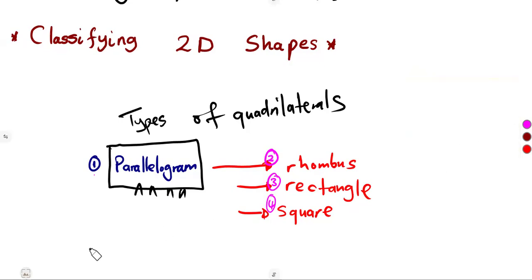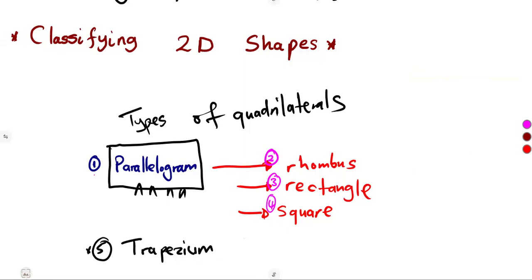Then we are going to consider a separate condition which does not share any properties with a parallelogram. It does not share any properties with a rhombus, a rectangle, a square. The only thing that we consider is being a four-sided shape, being a quadrilateral. That is referred to as a trapezium.